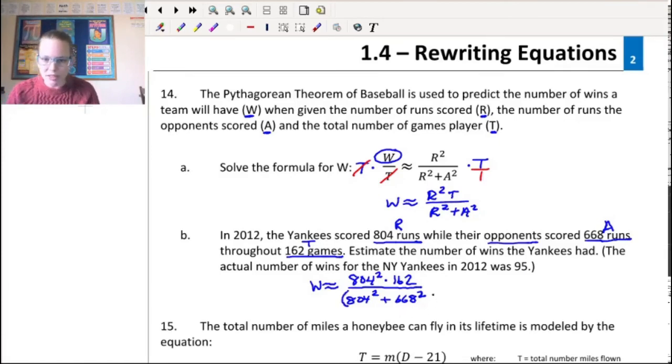I'm going to put parentheses here because remember that my fraction bar is like an understood grouping symbol. Hit enter, and that tells me the Yankees won approximately 95.841 games, which would round to 96 games. And in parentheses, they tell us the actual number of wins for the New York Yankees in 2012 was 95. So the formula gave us a pretty good estimate.